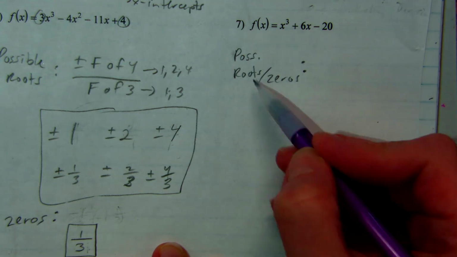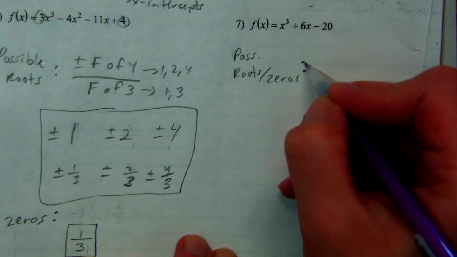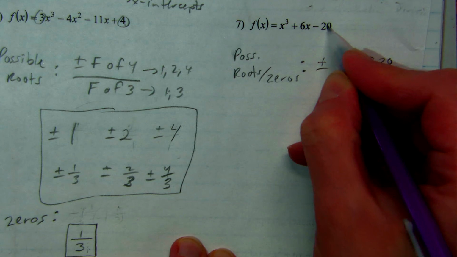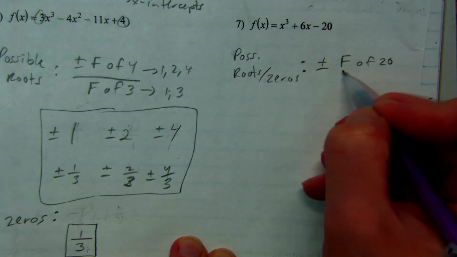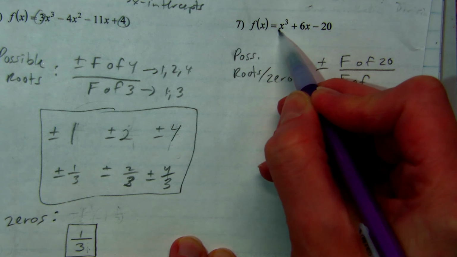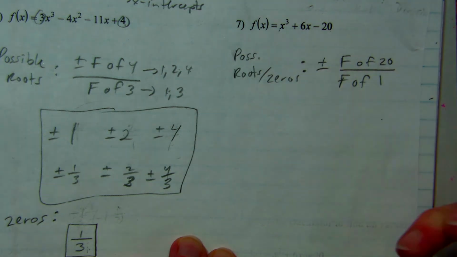So possible roots or zeros would be plus or minus factors of 20, which is this number on the end, over factors of, there's no number on that first term, so that's going to be 1.